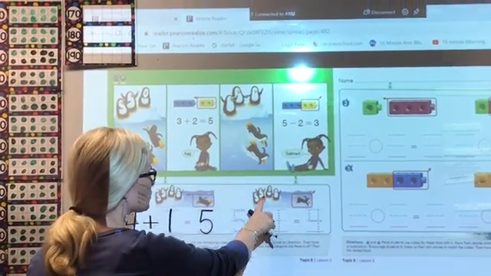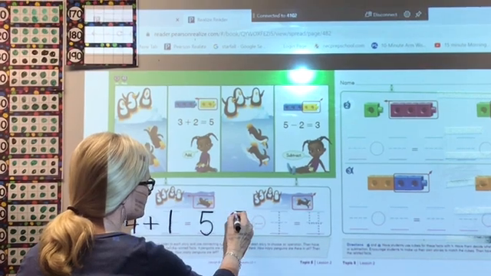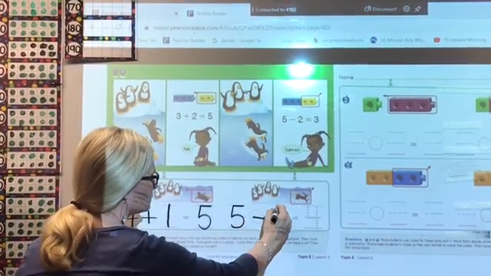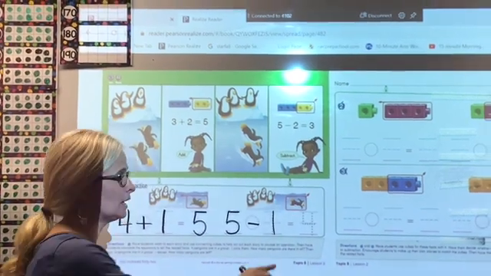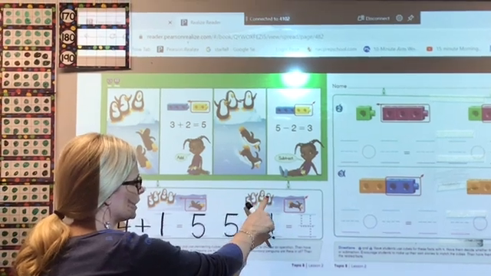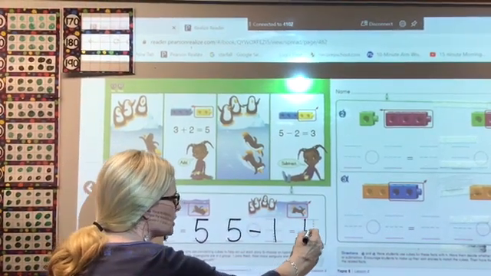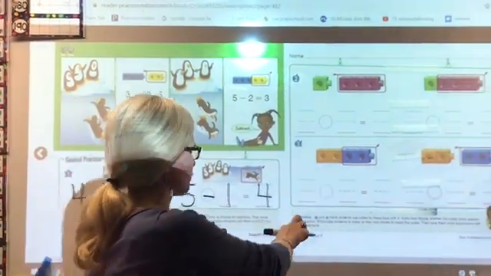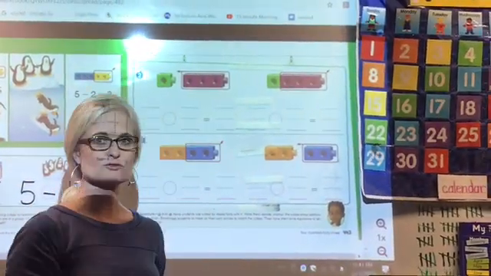So here in this group, we started with 5. We take away the 1. And how many are we left with? Well, if this guy's gone, we're left with 1, 2, 3, 4. So then you're going to trace your 4, and you're done. All right, we're going to move straight on over to the next page, 443.